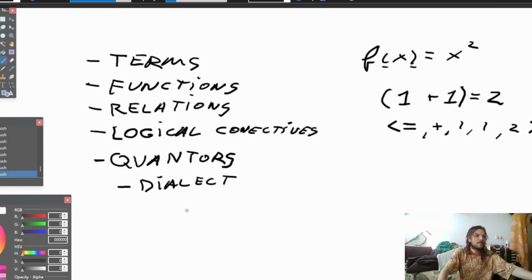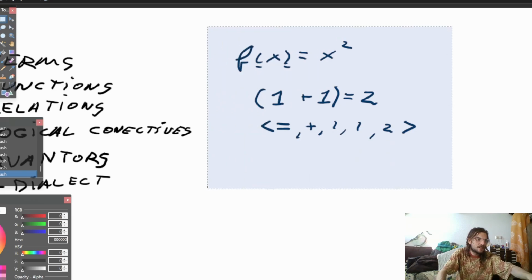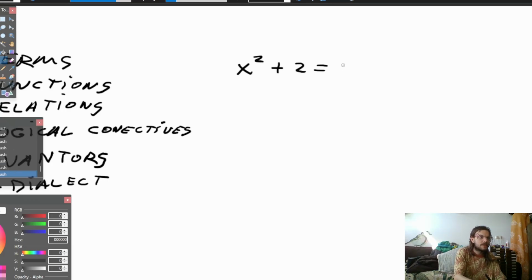So let me give one more example of mathematical reasoning where I explain what everything does. I won't use quantors yet, but I will use some logical connectives. If we write down x squared plus 2 is 0, implies, this is a logical connective that I haven't talked about, but it's also very important, the implication arrow. Its truth table seems a bit weird, but you intuitively know how to use it.